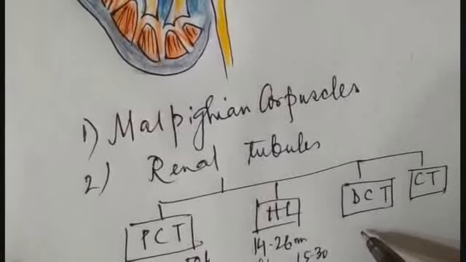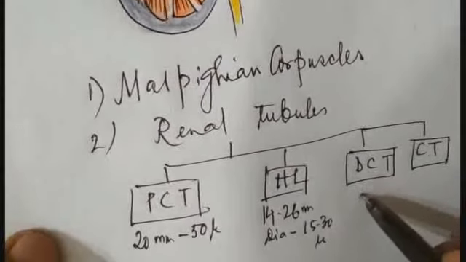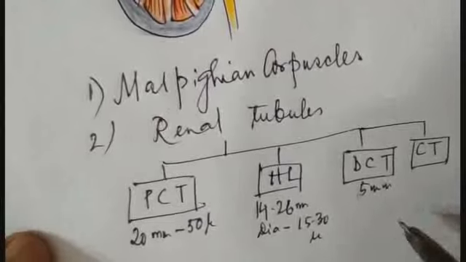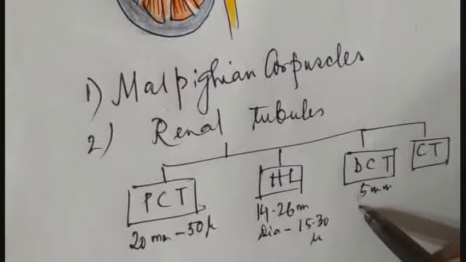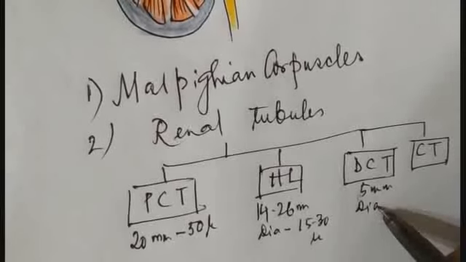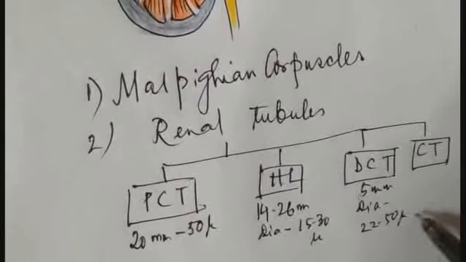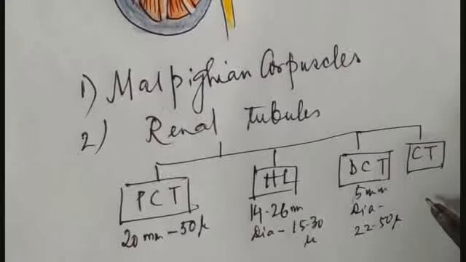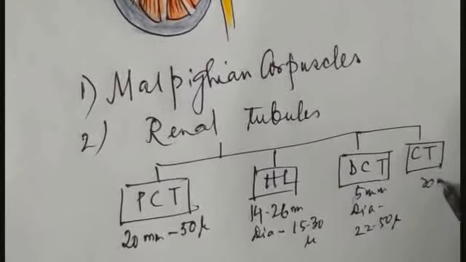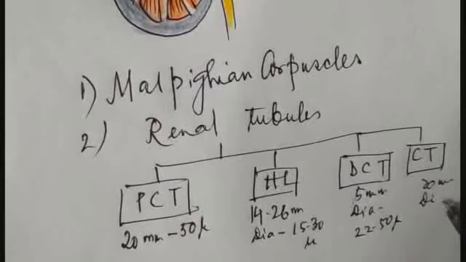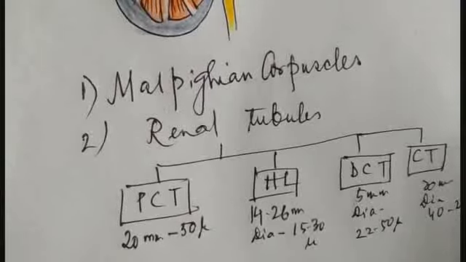The length of the distal convoluted tubule is 5 millimeters and the diameter is 22 to 50 micron. The length of the collecting tubule is 20 millimeters and the diameter is 40 to 200 micron.